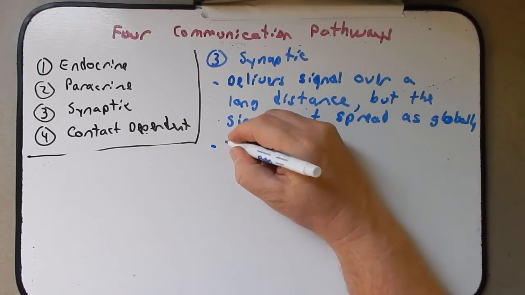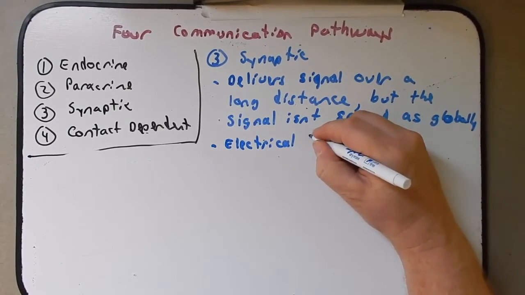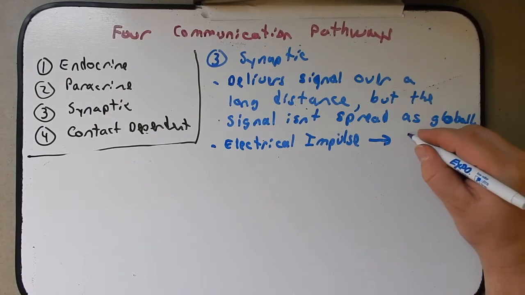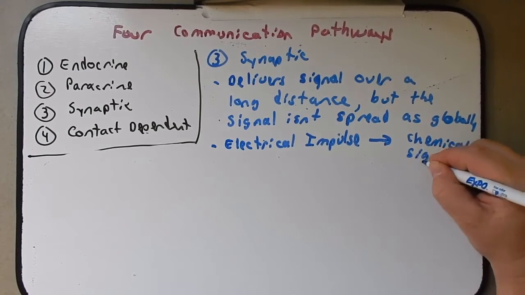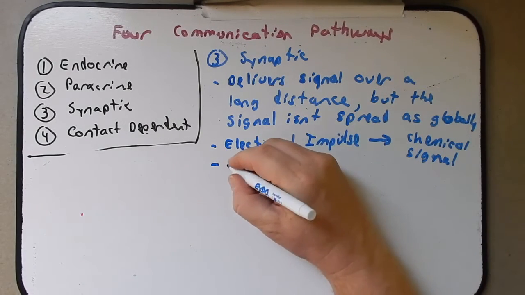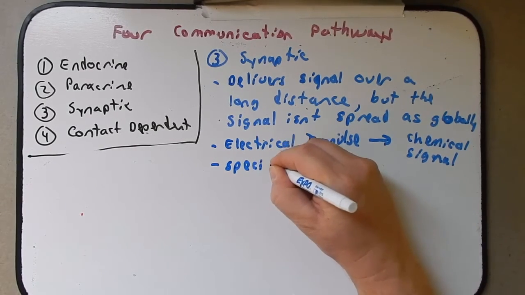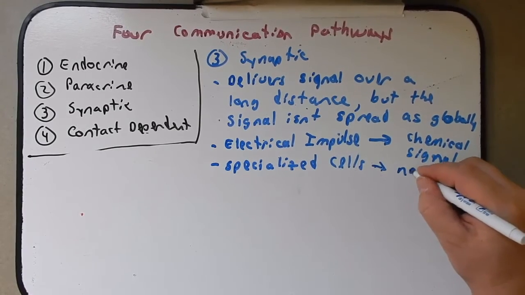It's a process where an electrical signal, or I'll call it an impulse, is converted into a chemical signal. This occurs in specialized cells called neurons.